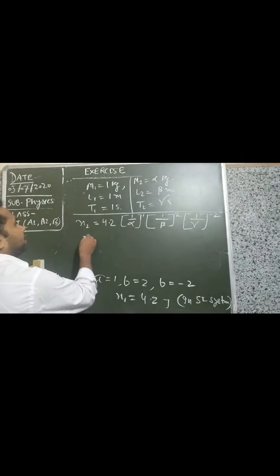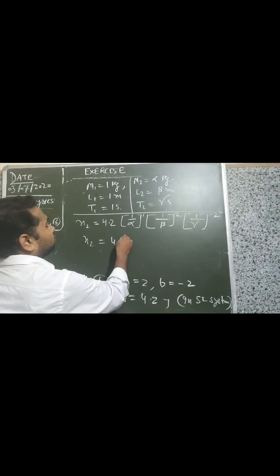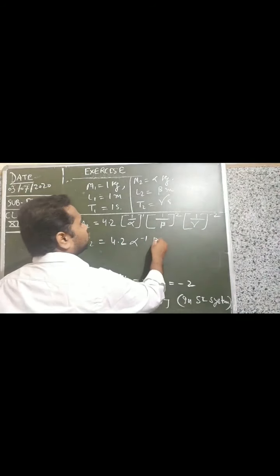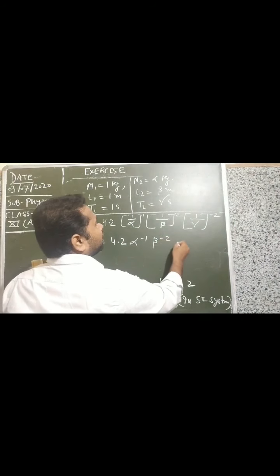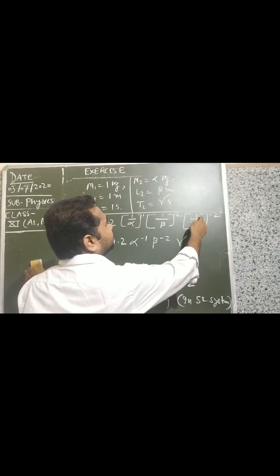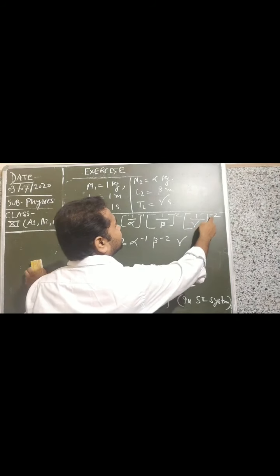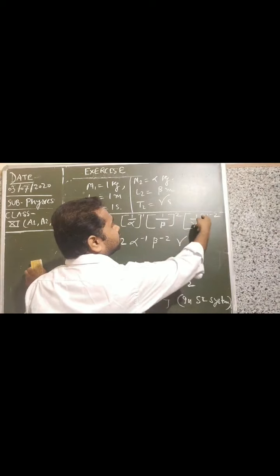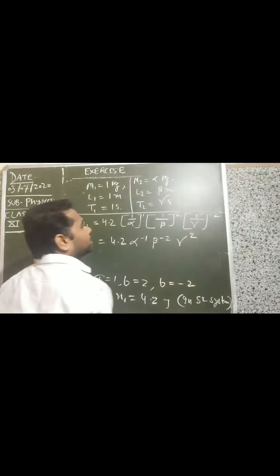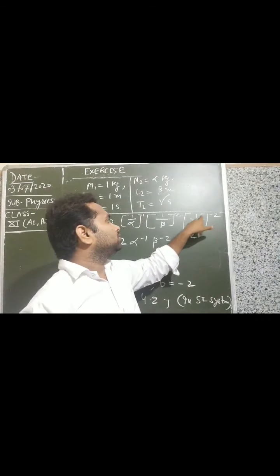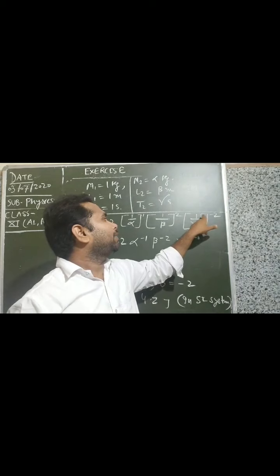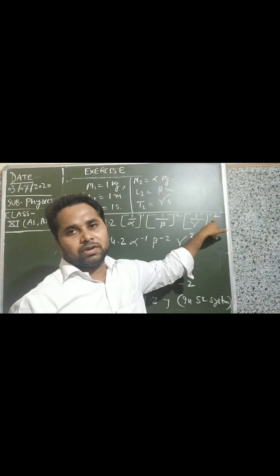So finally n2 equals 4.2 alpha to the power minus 1, beta to the power minus 2, and gamma to the power, see here, gamma is in the denominator and the exponent is minus 2. So when it goes in the numerator, it becomes plus 2. How? Because gamma goes in the numerator with minus 1 exponent, and minus 1 multiplied by minus 2 is plus 2.